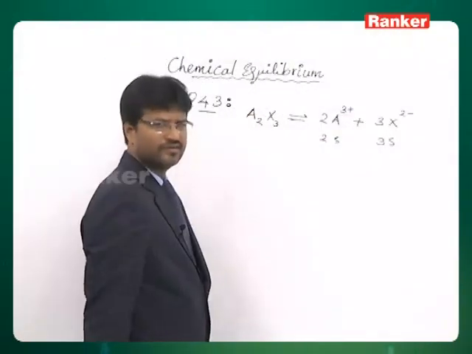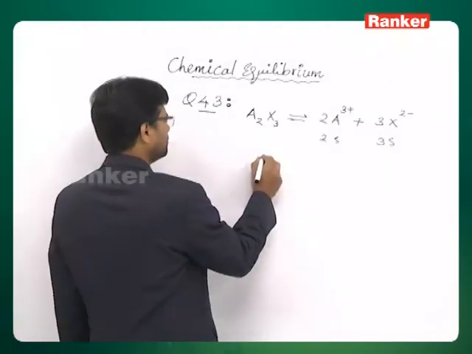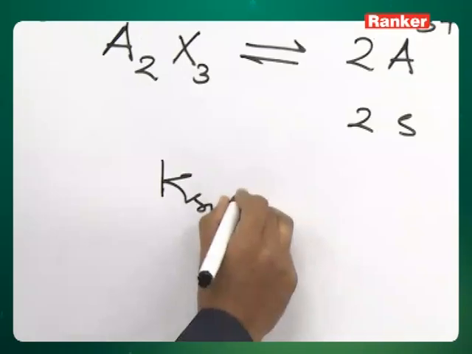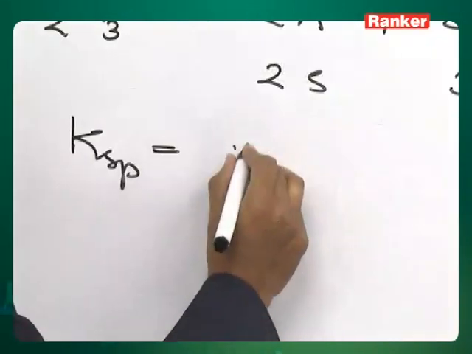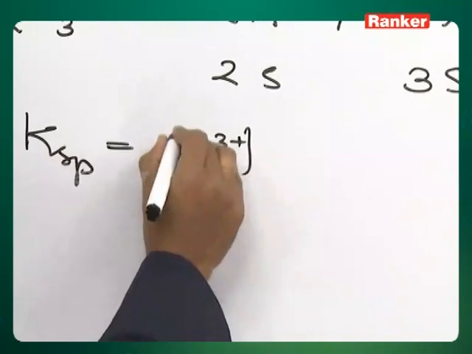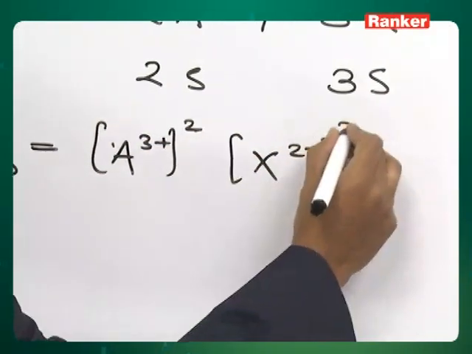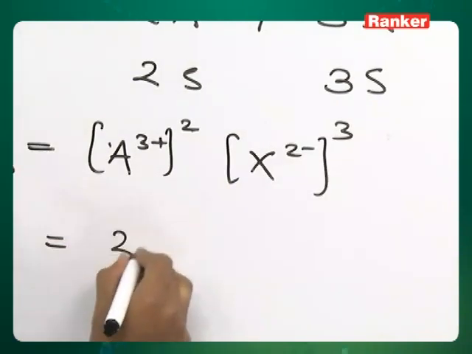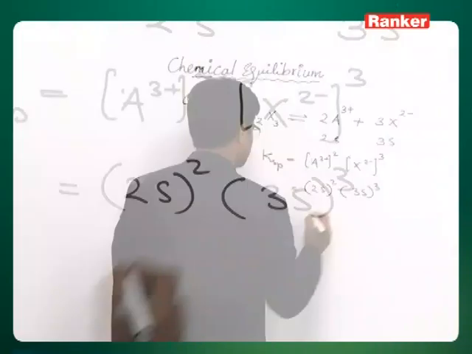If S is solubility, then this will be 2S and this will be 3S. So Ksp equals concentration of A 3 plus squared into concentration of X 2 minus cubed. So it comes to 2S whole squared into 3S whole cubed.